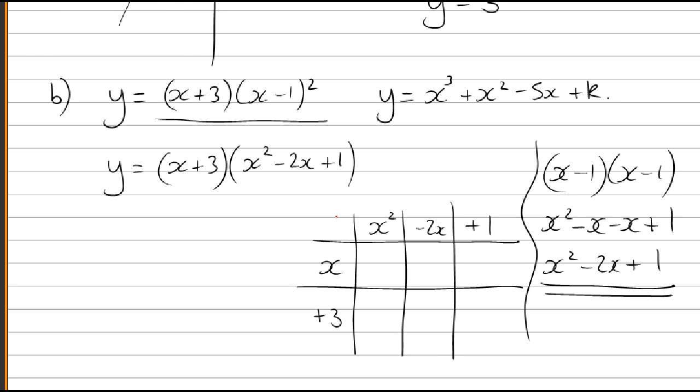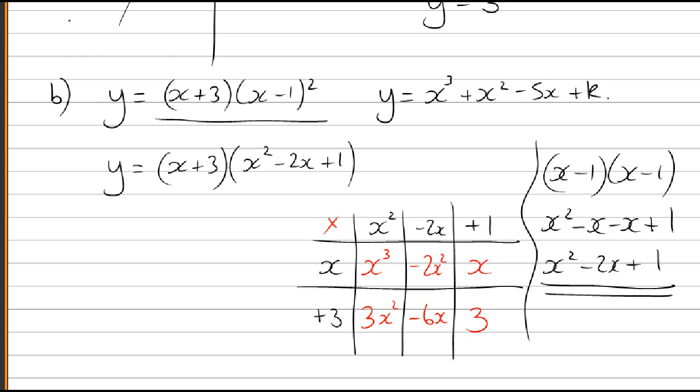Let's multiply these out. x times x squared is x cubed. x times minus 2x is minus 2x squared. x times 1 is x. 3 times x squared is 3x squared. 3 times minus 2x is minus 6x. And 3 times 1 is 3.